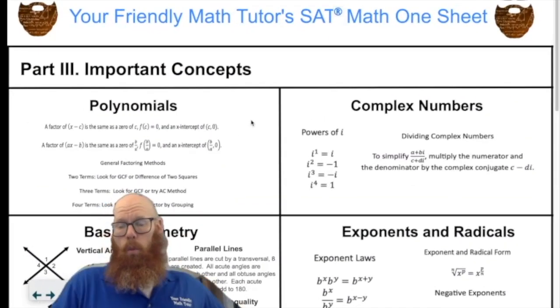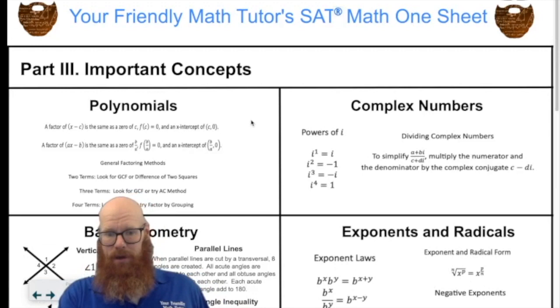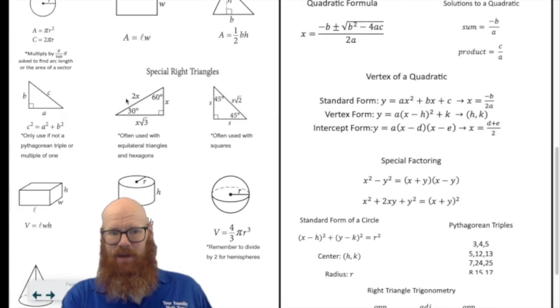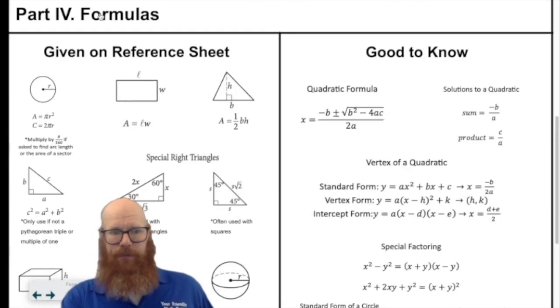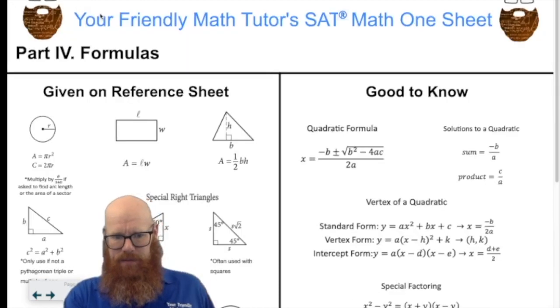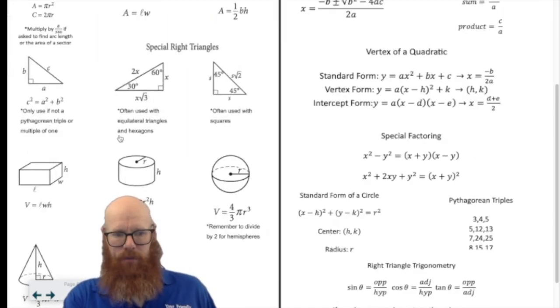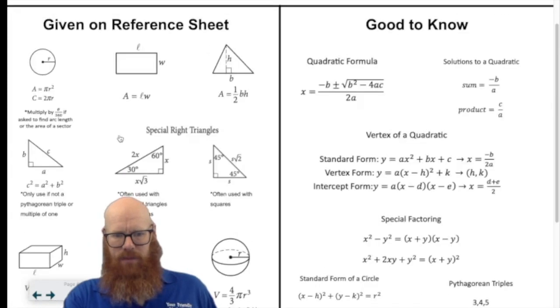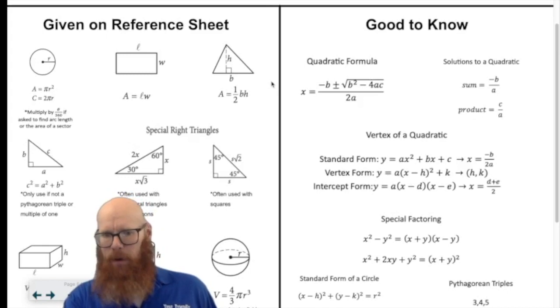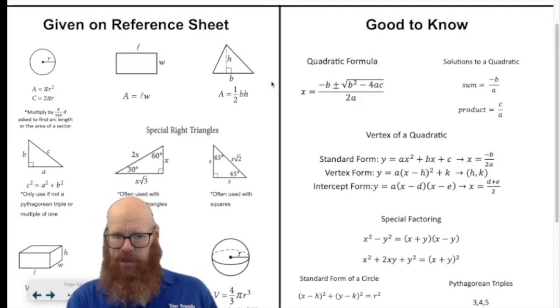All right, so the one-sheet part we're going to dive into today is on formulas. If you notice, the formula sheet is broken down into two types. We've got formulas given on the reference sheet, which is what we're going to do today, and then good-to-know formulas that you're going to have to memorize that are not given to you on the reference sheet.